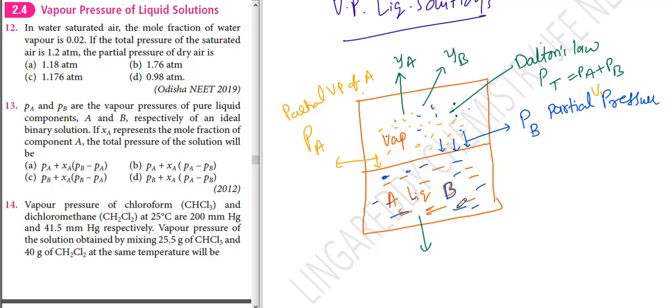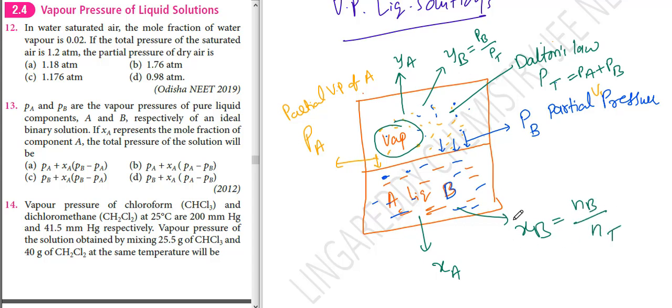In the liquid, mole fractions are XA and XB. Here, YB equals PB by P total. What is P? Partial pressures. In the vapor, generally pressure is there, that's why we are taking only pressure. But in case of liquids, we will take NB by NT.